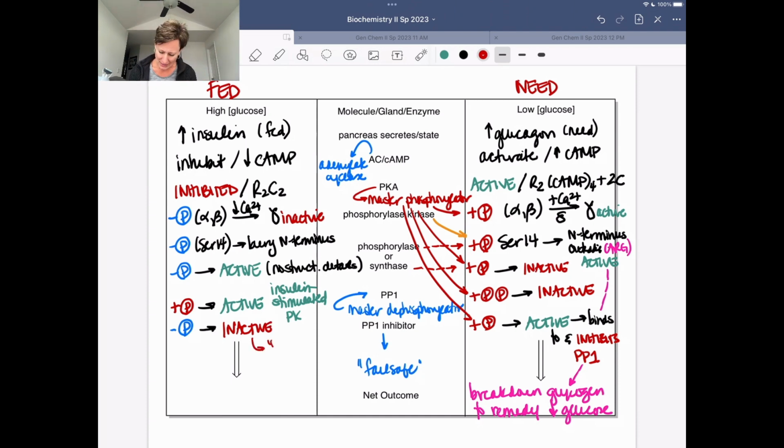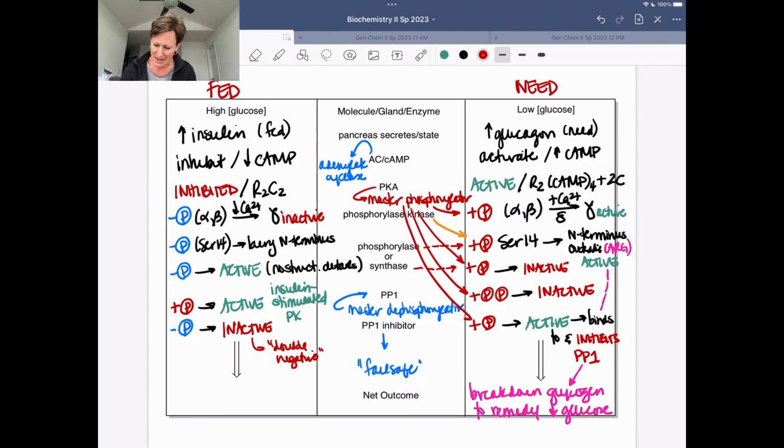So again, this is our double negative. So the PP1 inhibitor is inactive. And if the inhibitor is inactivated, it doesn't inhibit PP1. So PP1 is still active because the inhibitor is not doing its inhibition. Okay, that was a lot.